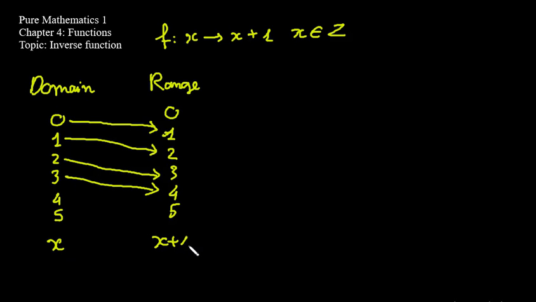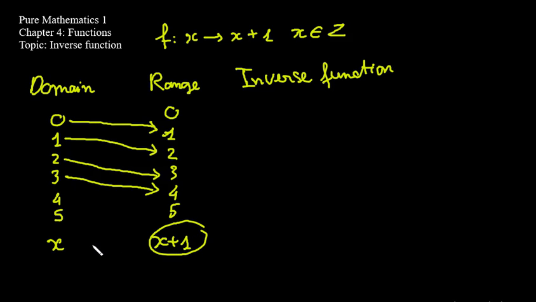But now I want to reverse my function, which I call the inverse function. I want to change from my image back to my domain. So I have a new function called the inverse function, denoted as f to the power of minus 1.